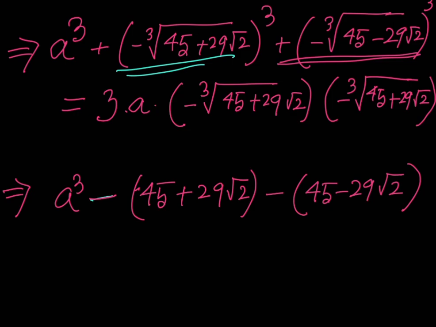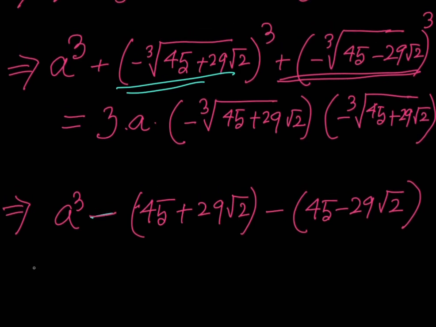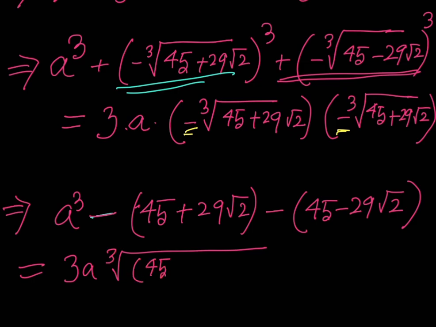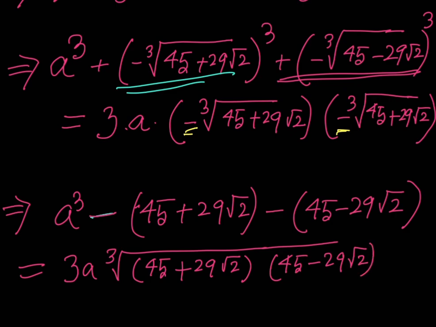So the cube and the 1/3 will be cancelled out. So that is equal to 3a, and this minus and this minus will be cancelled out. So that is the cube root of 45 plus 29 root 2 into 45 minus 29 root 2. Sorry, there is a mistake here, that will actually be minus.